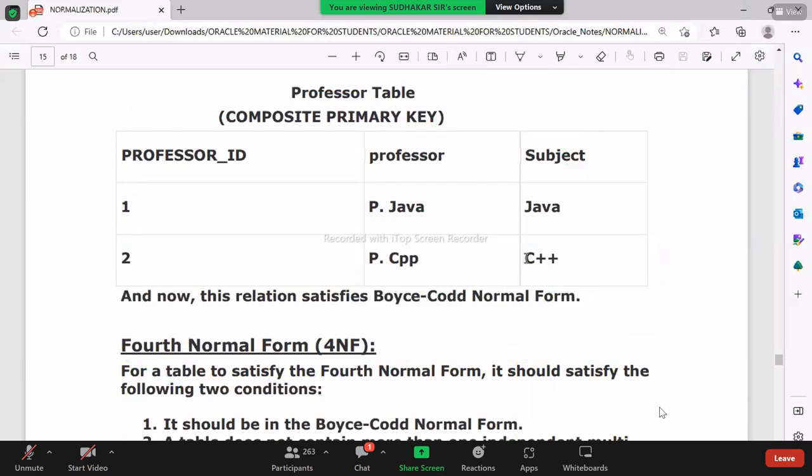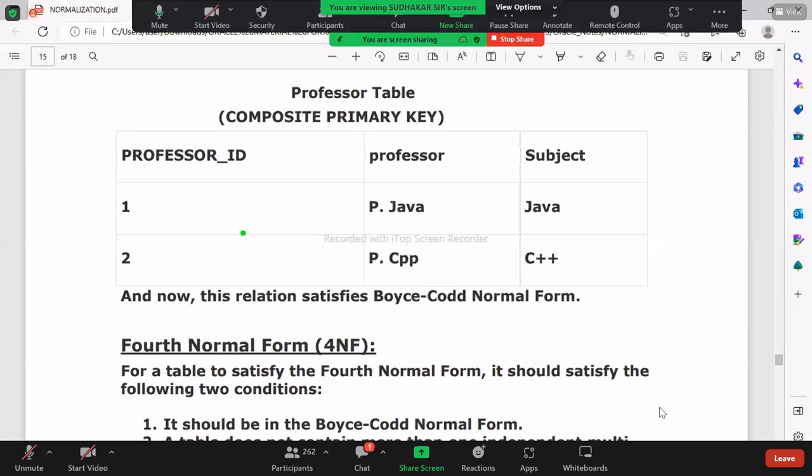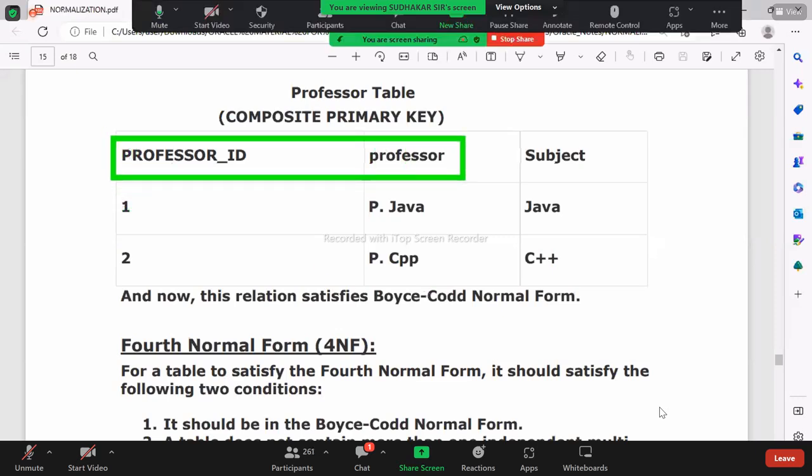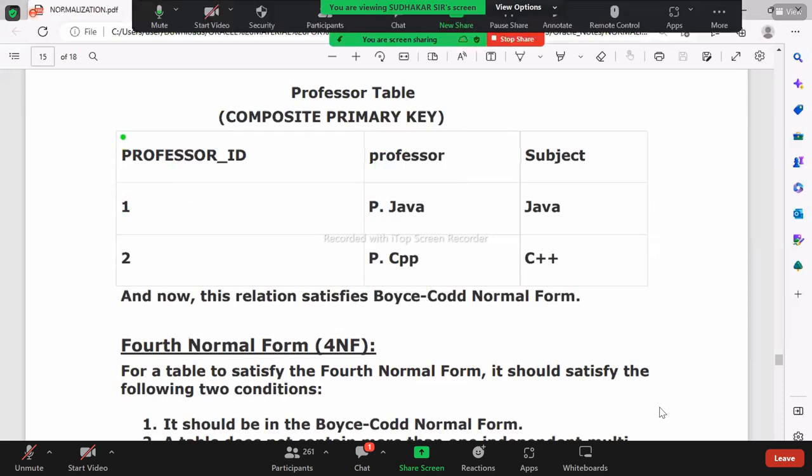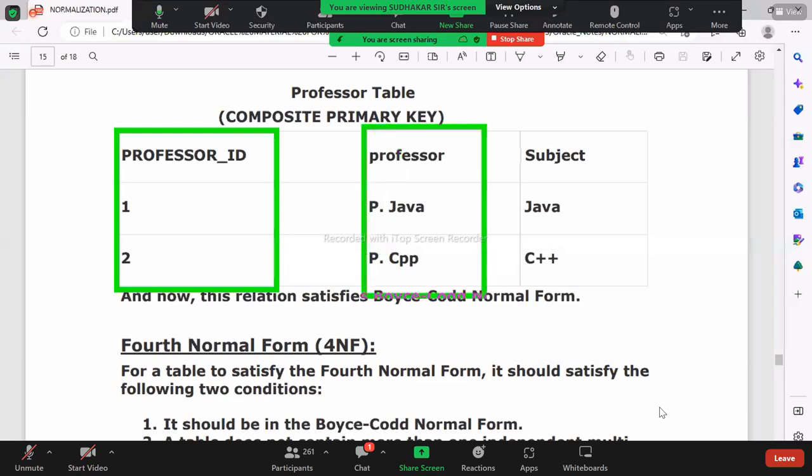Okay, now super keys and candidate keys. A candidate key means every individual column that is a super key is called a candidate key, but a combination is not. This is a candidate key, and up to here this is also a candidate key, because there are no duplicates.